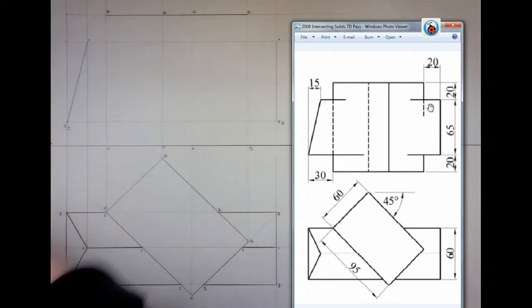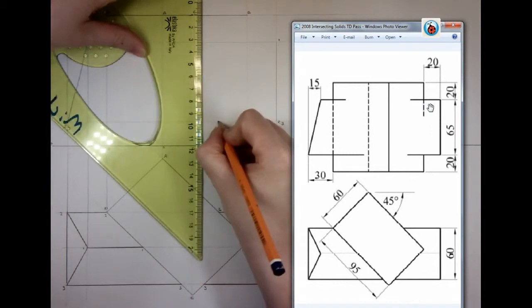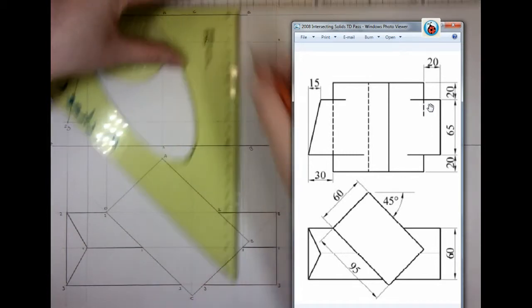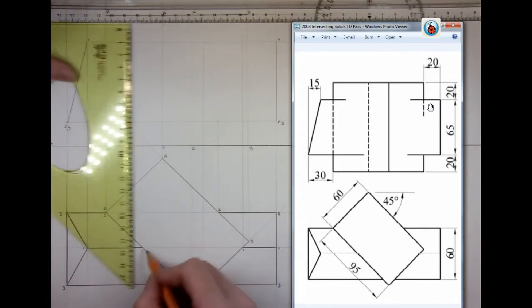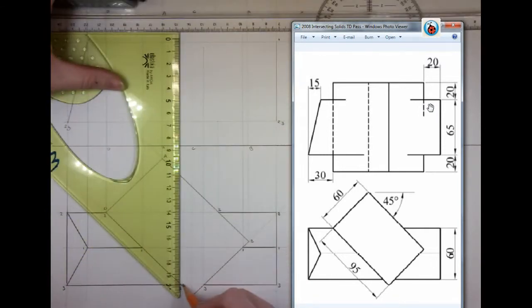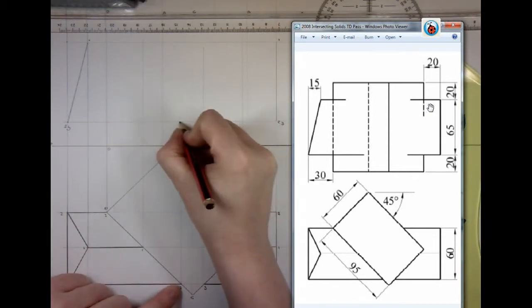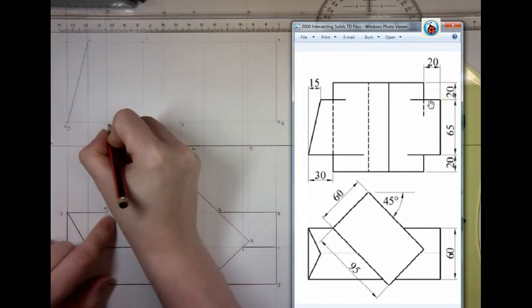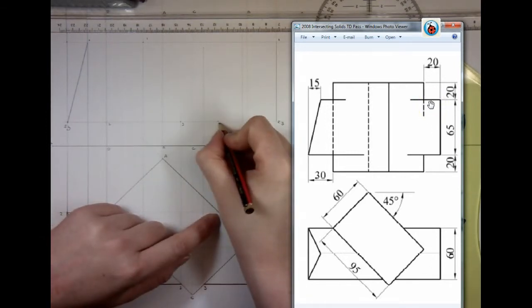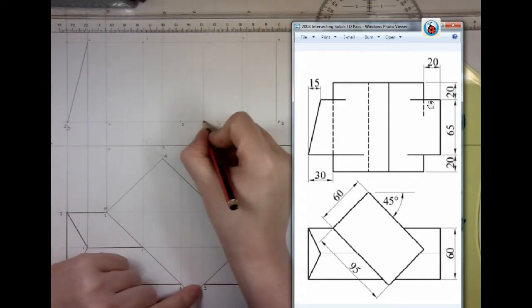So I am going to bring them up now. So that's giving me point 3, point 1, and point 2. And over here we have point 2, point 1, and point 3.